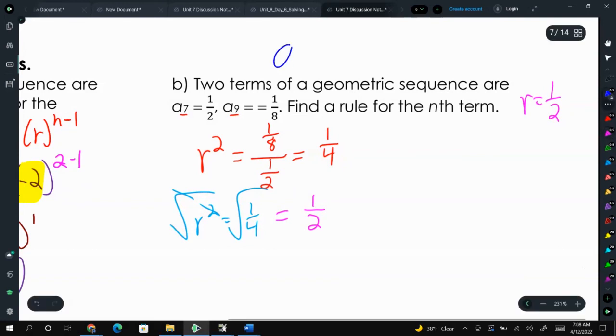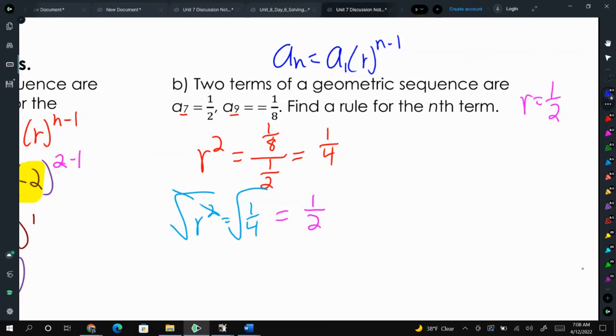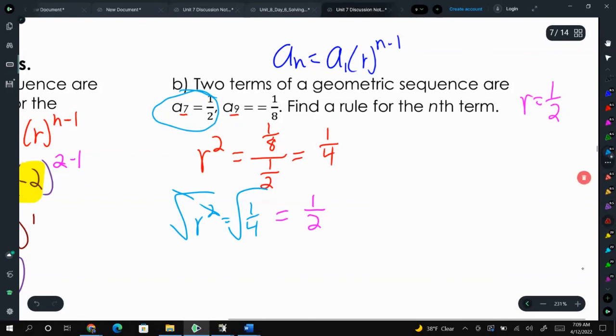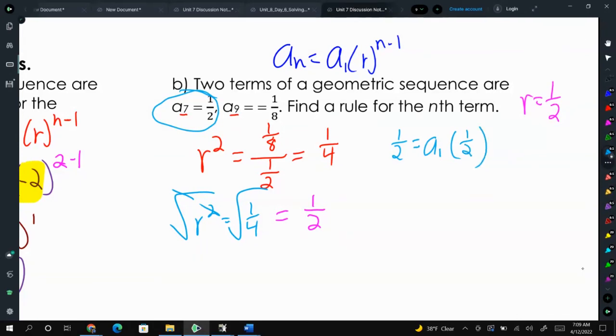All right, remember, a sub n equals a sub 1 times r to the n minus 1 power. So I'm going to use 7 and 1/2. So 1/2 equals a sub 1 times my rate, r is 1/2, raised to the n minus 1 power. The n value for 1/2 is 7, so 7 minus 1 power.